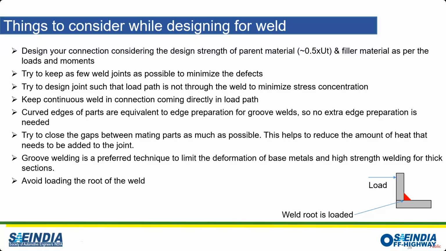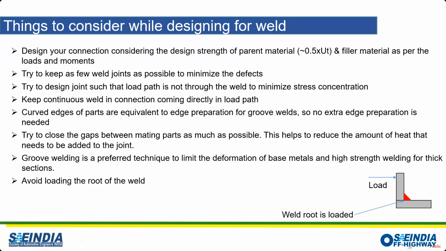And then as you can see in the last image that I have put up here, whenever you are designing a weld connection, wherever your load is going to come, try to keep the root away from getting the load directly. In this case, you see there is a load coming from the top, so there is kind of an offset loading on this connection where we have put that fillet.